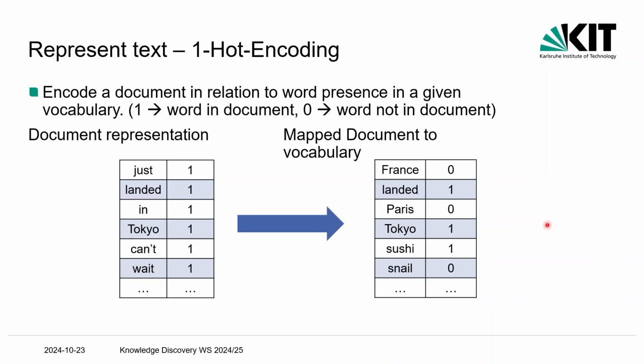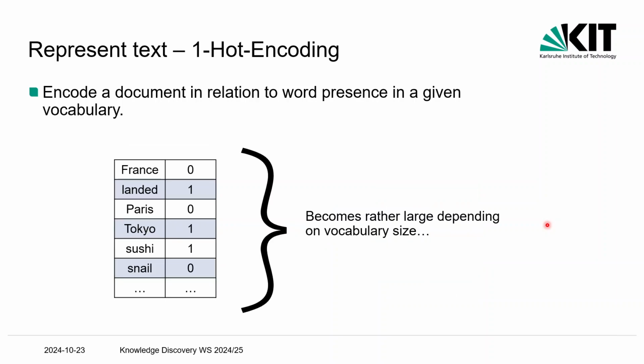So moving on. We've now encoded our document in relation to the vocabulary, and now technically have a document representation, a one-hot encoding, if you may.